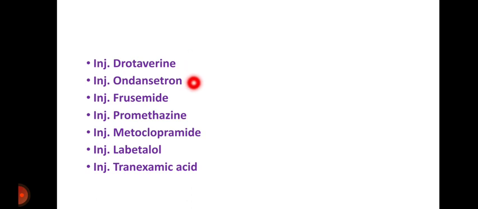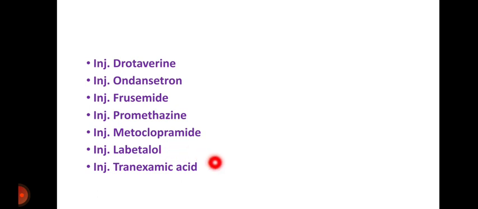Injection ondansetron, injection promethazine can be used for an antiemetic effect. Injection furosemide is used to reduce hypertension and it can reduce the volume of the blood due to its diuretic effects. Then injection metoclopramide is used to increase gastric motility, and injection labetalol is used in pregnancy to reduce high blood pressure.